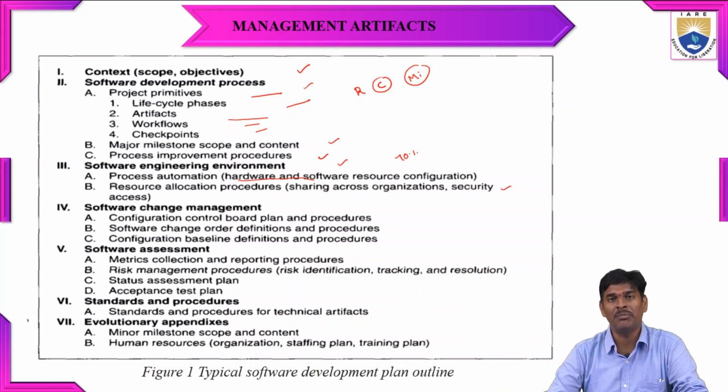Resource allocation is very important because during the design part, we need to check which resources we need to implement. When you don't have adequate resources, the cost will be very high, because we need to wait for the resources. That's why the resource allocation process is also very important here.